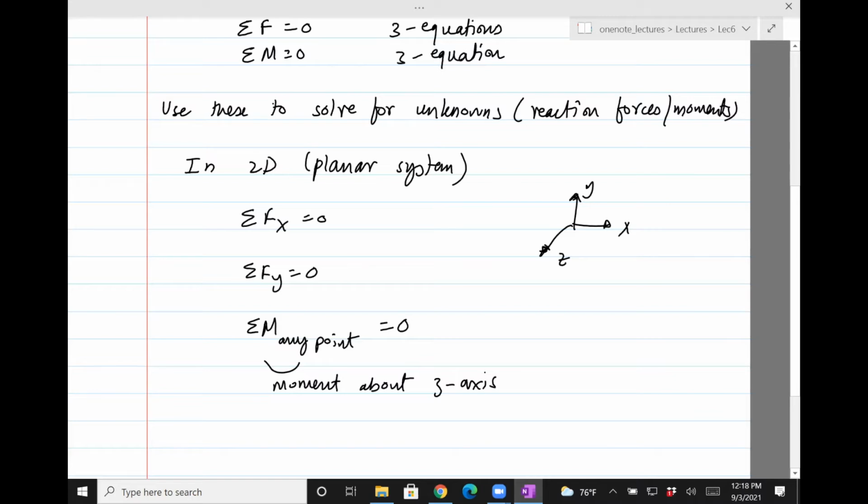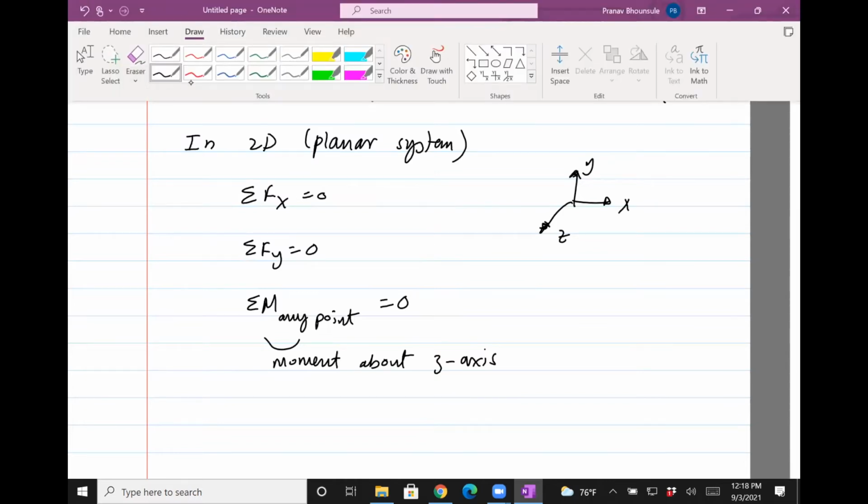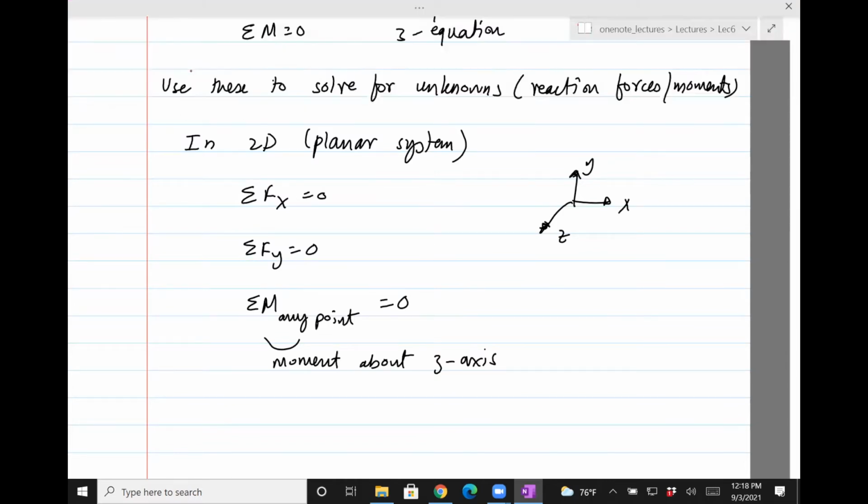So you have either clockwise moments or counterclockwise moments, and those are considered to be about the z-axis. You will not have moments about the x and y-axis because those are out of plane. So those are the equations we'll be using.